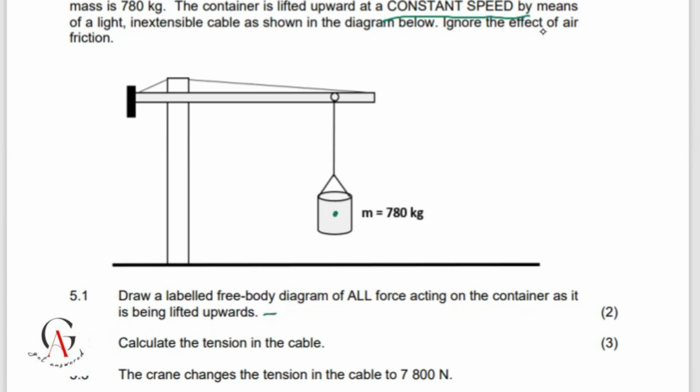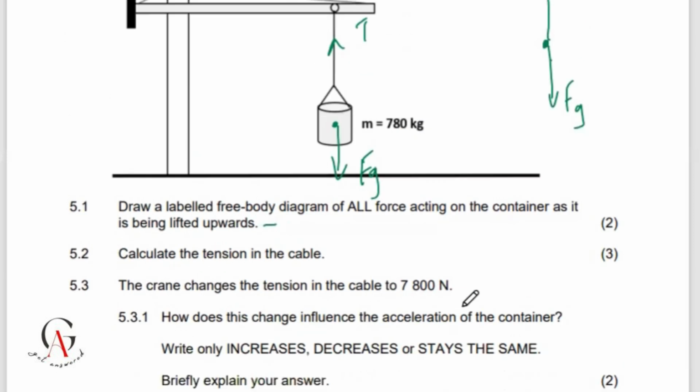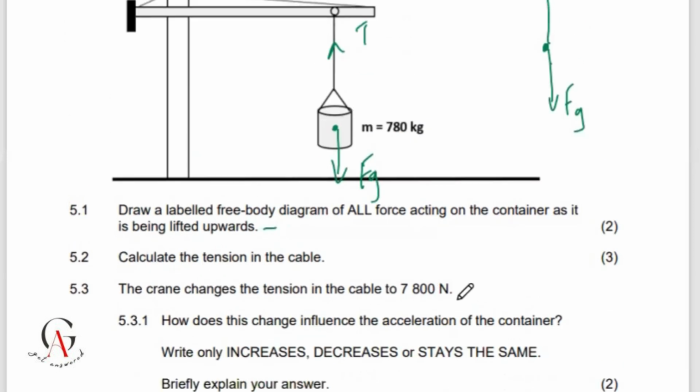So this container here, since this is a string, it will have the tension. And since it's hanging, we shall have the weight. So we're going to have T, we're going to have FG, two forces.